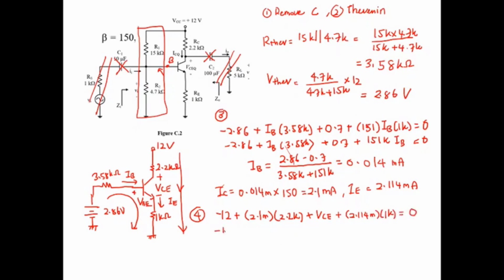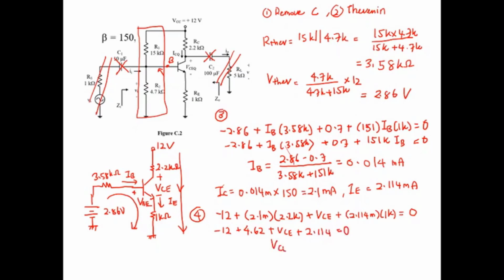So you calculate each of the terms. 2.1 times 2.2 is 4.62. And then you have VCE, and this 2.114, equal to 0.